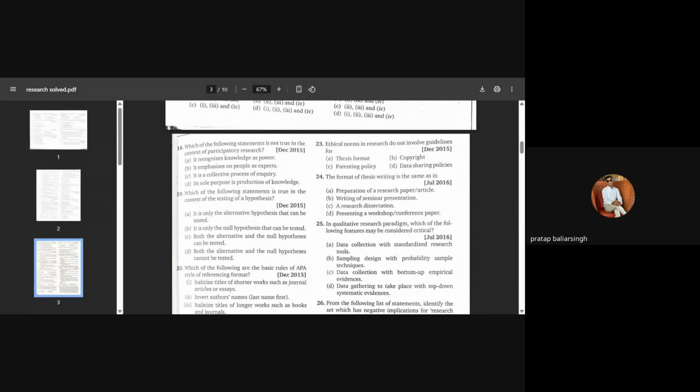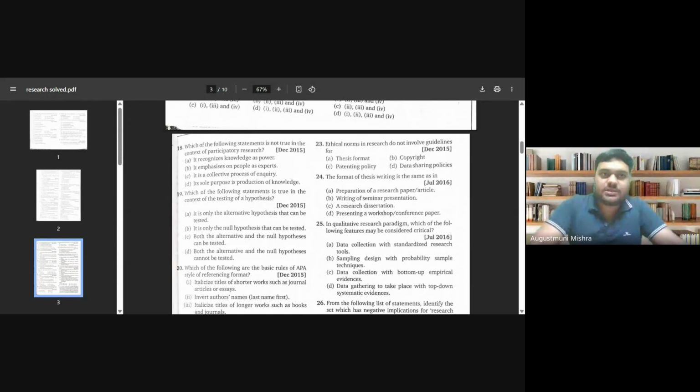D, sir. D is correct. Answer of 18th question is D. Its sole purpose is to production of knowledge. Let's move to the question number 19. Answer 18 is D.